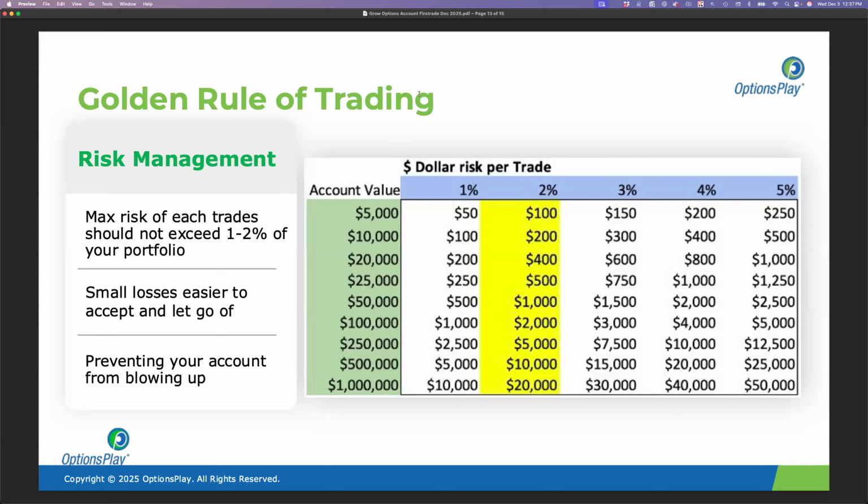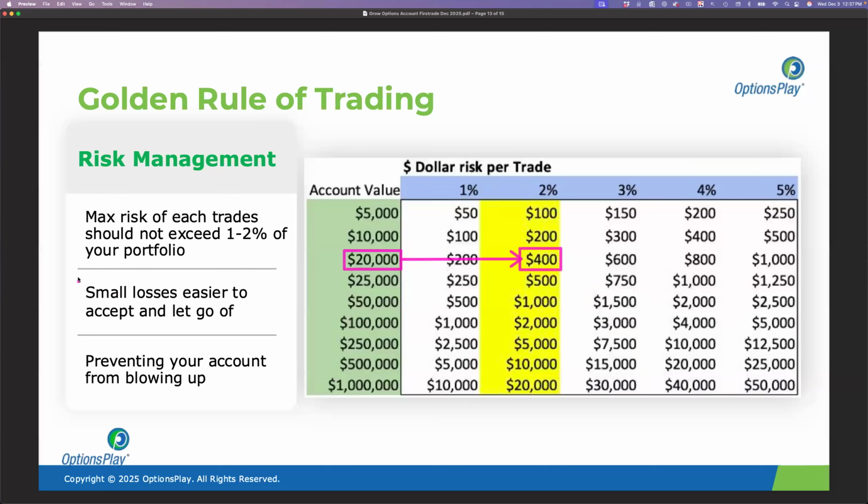As a general rule of thumb, the maximum risk that you take on any trade should never exceed 1 to 2% of your total portfolio value. What that means is that if you look at your total portfolio value, let's say you have a $20,000 account, you should not have a credit spread where the maximum risk exceeds $400.